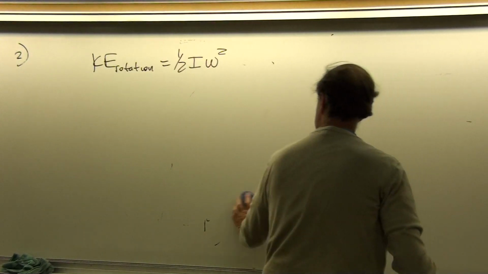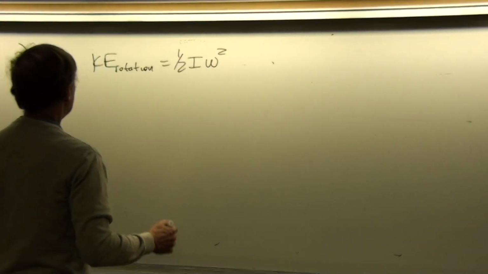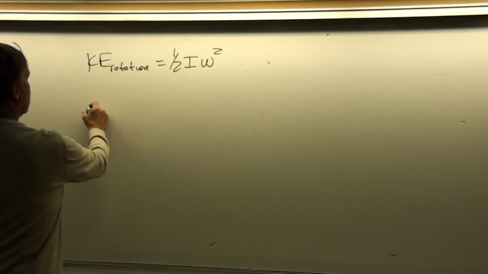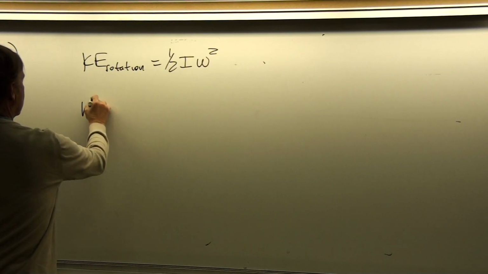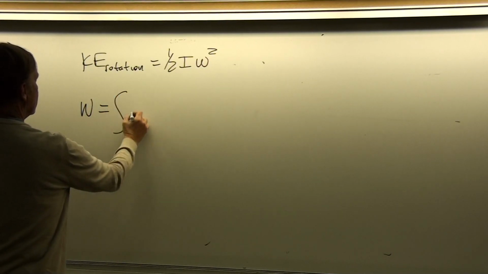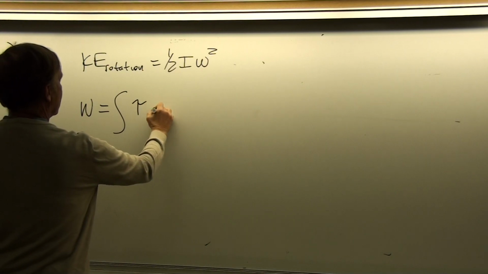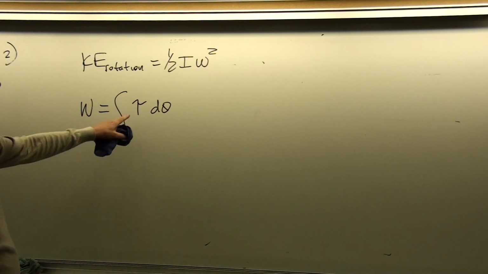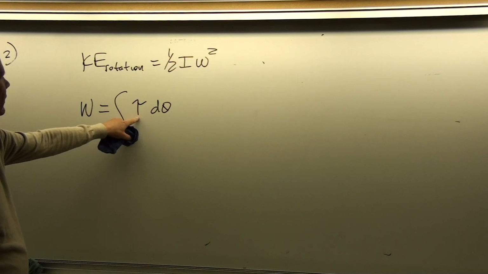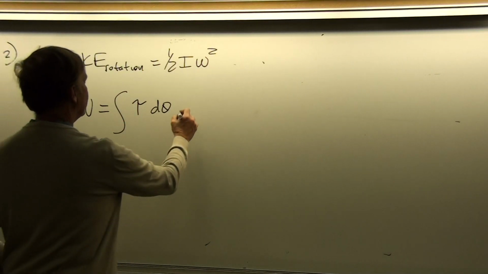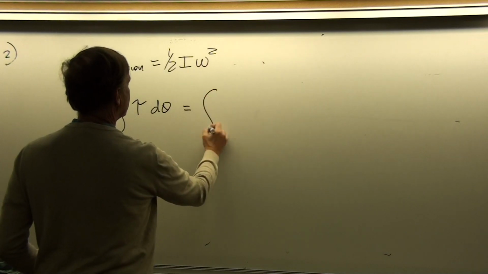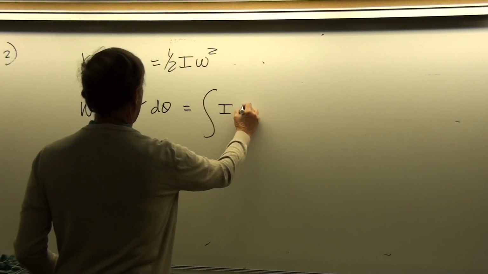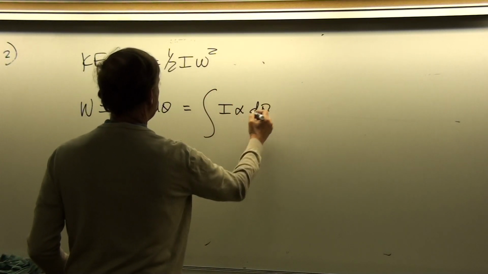Here's the derivation. We can say that the work done is equal to the integral of the torque times d theta. And for torque, we know that torque is equal to I alpha. So this is the integral of I alpha d theta.